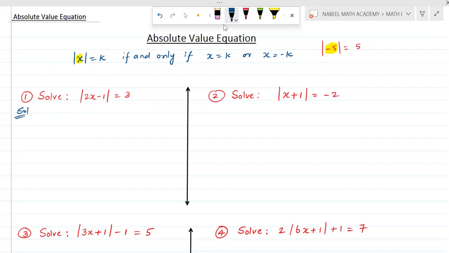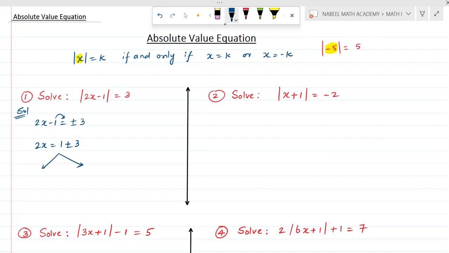If you want to remove the absolute value, just write 2x - 1 = plus or minus 3. Now simplify this one. Move the 1 to that side, so 2x = 1 plus or minus 3. So you will have two solutions.